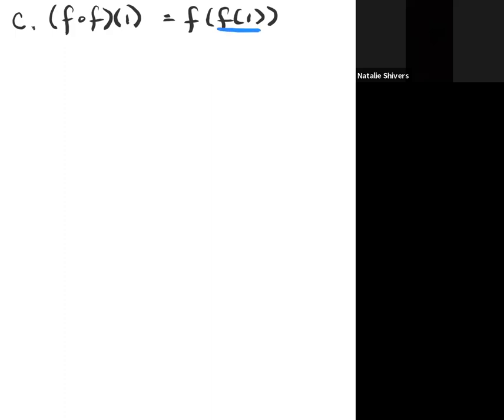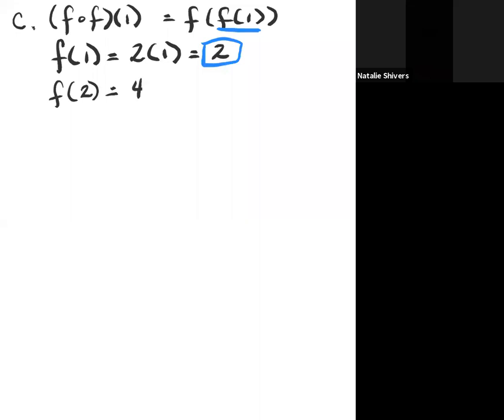Well, f at 1 is 2 times 1, which is 2. So I'm going to take 2 and plug it into the f function. F at 2, well, we already did that. That's 4. So 4 is my answer.